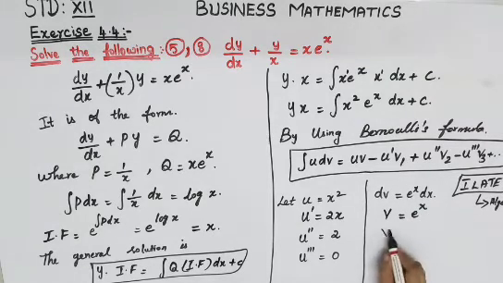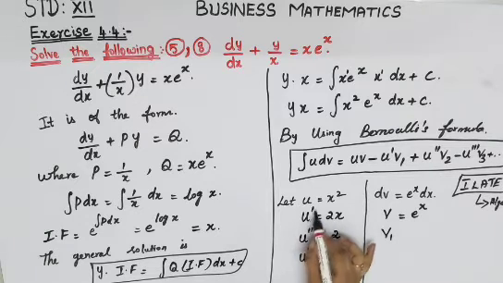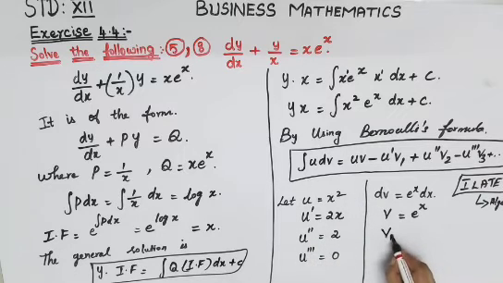Next integral is v1, because here we have written u dash, u double dash, u triple dash, everything as differentials. So v1 is again e power x, and v2 is again e power x. Since we are stopping here, you can stop here itself.